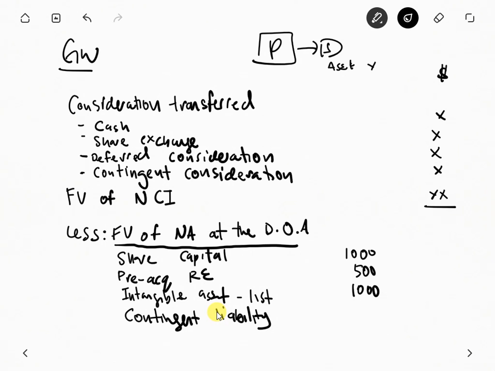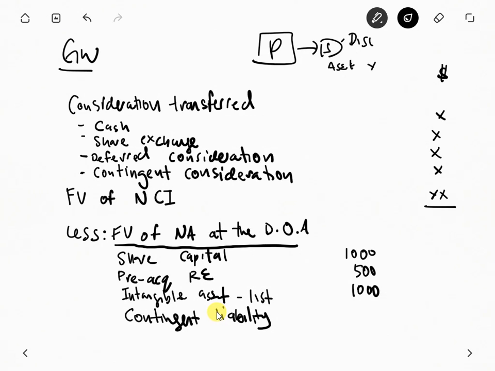Is a contingent liability recorded in the subsidiary's book as a liability, or is it a disclosure? In the subsidiary it is just a disclosure. Which standard is it? MFRS 137: provision, contingent liability, contingent asset.